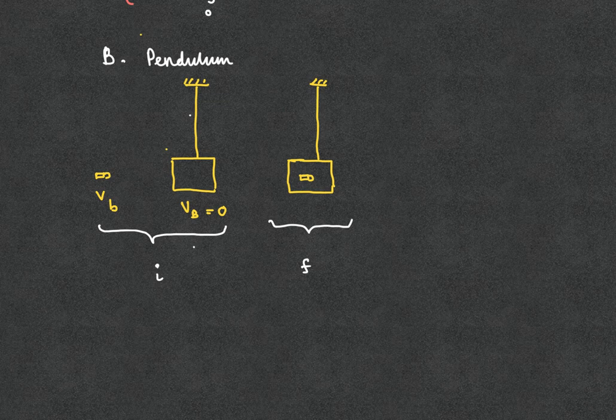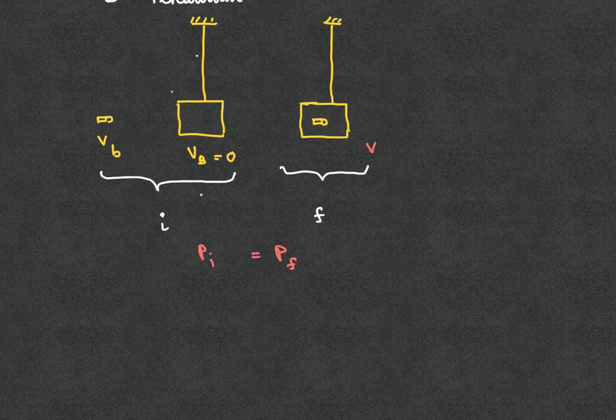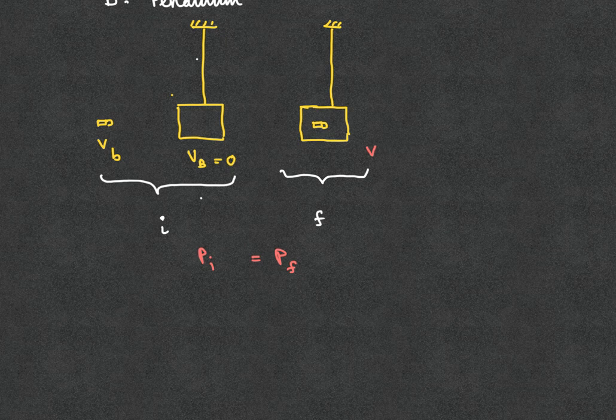Now after the collision, of course, the block-bullet system is not going to stay at rest, and I am going to call the final velocity v. So let's look at the conservation of momentum. P initial equals P final. Now in order to find the initial momentum, we have to look at each object. So we have two objects.